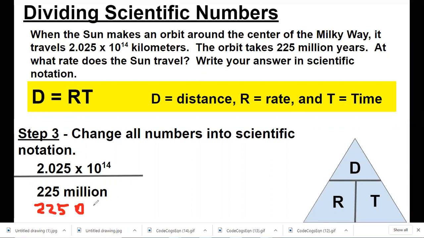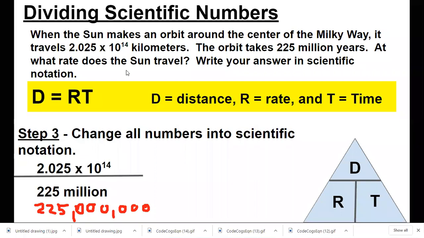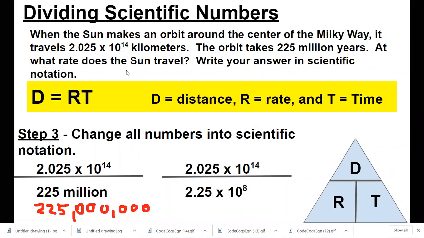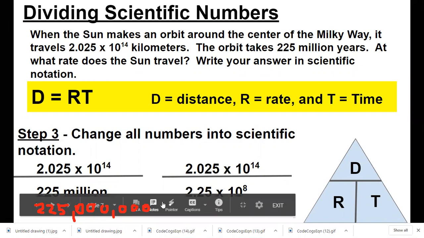Tens, hundreds, thousands, ten thousands, hundred thousands, millions. That's 225 million. Okay, so anyways, we're going to move our decimal, and we're going to get 2.25 times 10 to the 8th. Why? We're going to move it.